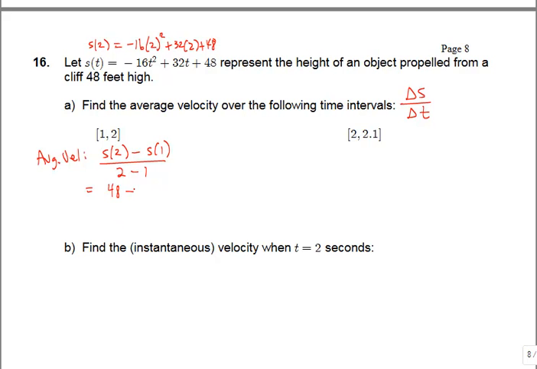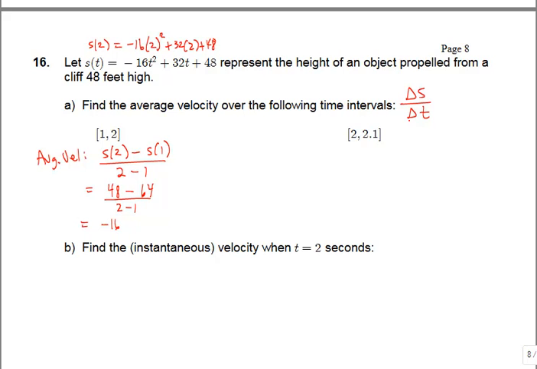To find the position at time 1, we would just plug in 1. So negative 16 plus 32 plus 48, that's 64. So what we end up with here is 48 minus 64, which is negative 16, divided by 1. So this average velocity will be negative 16. What kind of units would be on this?